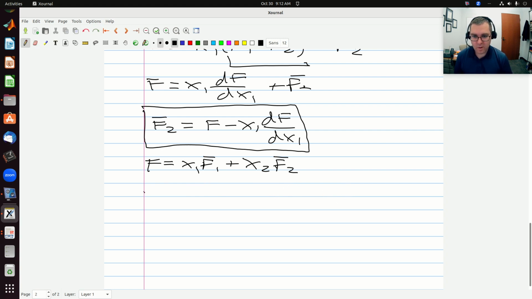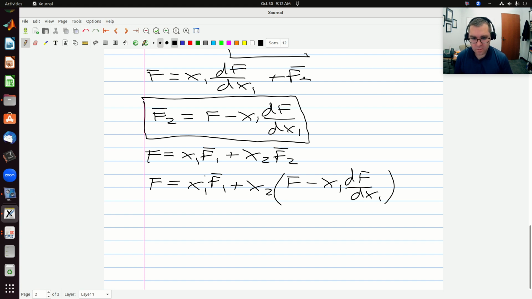All right. So f is going to be equal to x1 f bar 1 plus x2 f bar 2, and that's going to be equal to f minus x1 df/dx1.